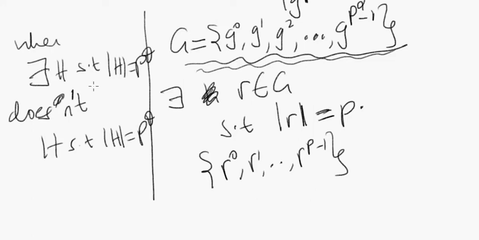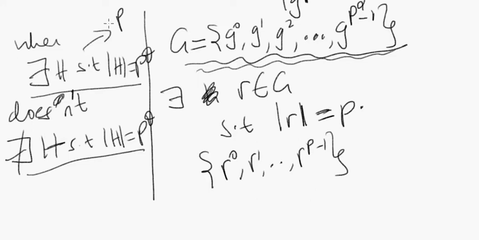Suppose we're able to prove that when there doesn't exist such an H, we must have a subgroup of order P. And if we're also able to prove that if there exists an H such that order of H equals P to the theta, we're also able to find a subgroup of order P, wouldn't we be done with our problem, is the question, right?